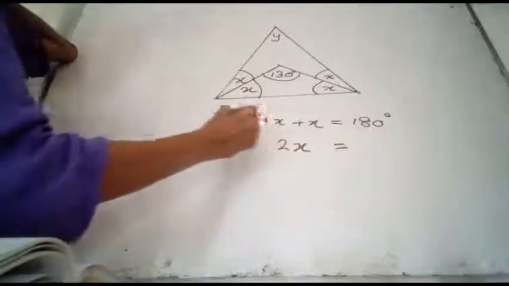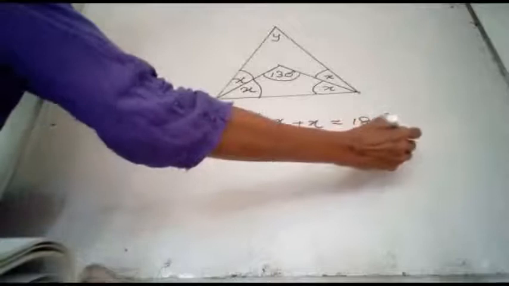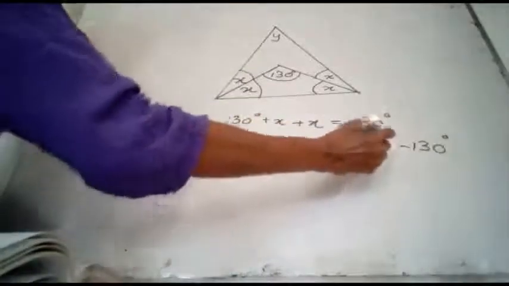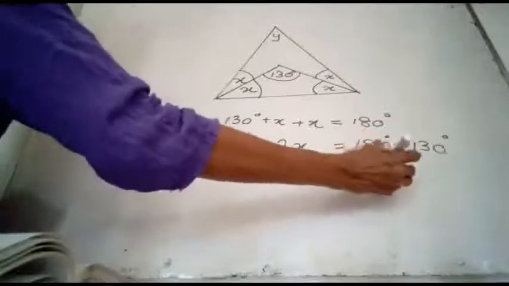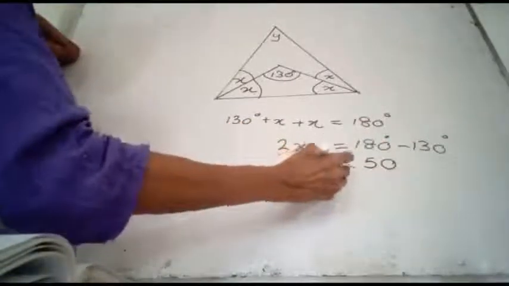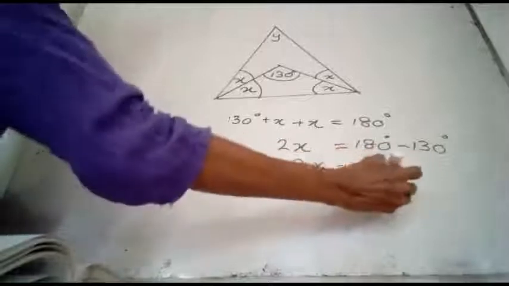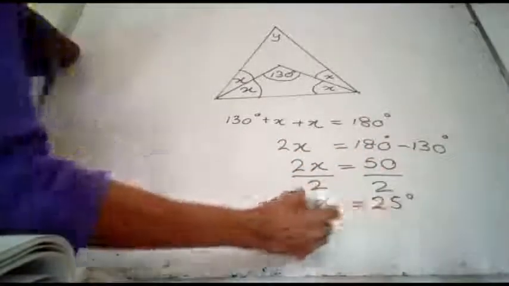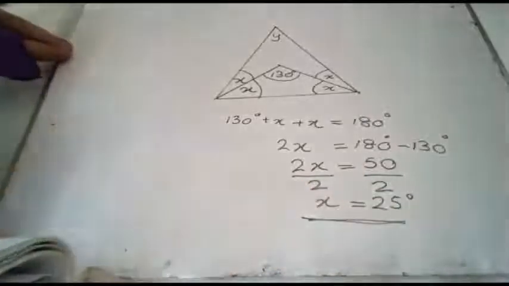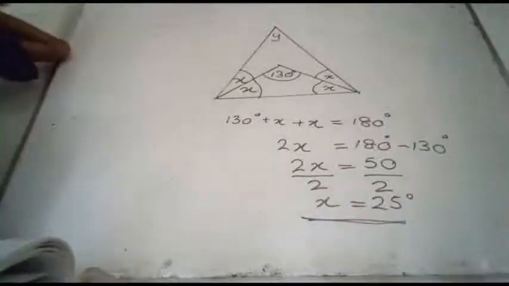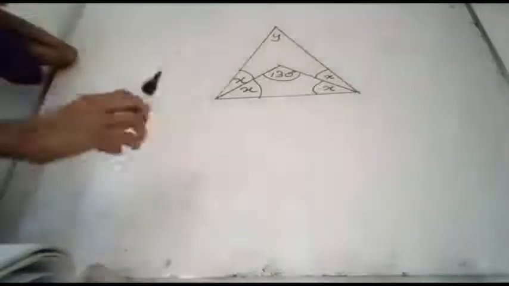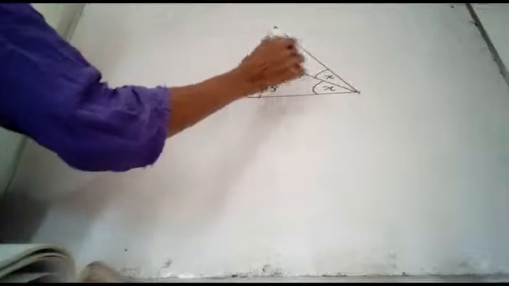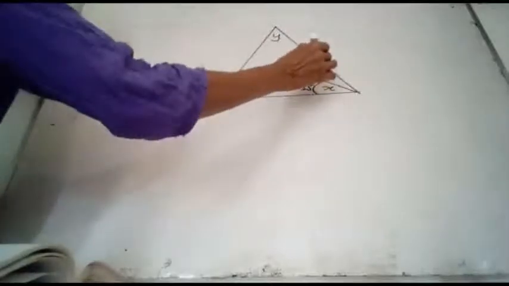Subtract 130. 180 subtract 130 is equal to 50. 2x is 50, both sides divide by 2. x is equal to 25 degrees. x is 25. Then this angle is also 25.